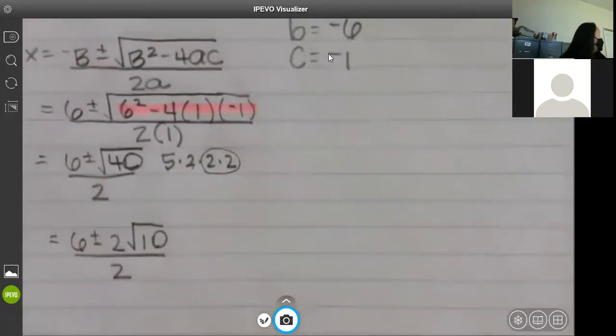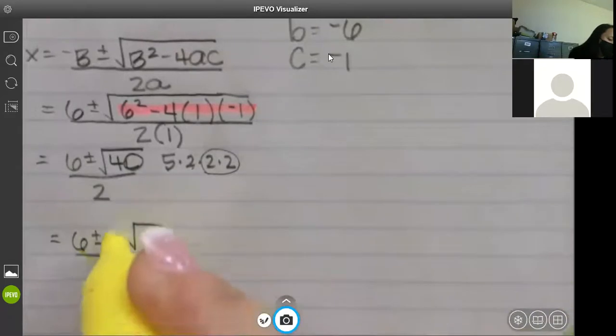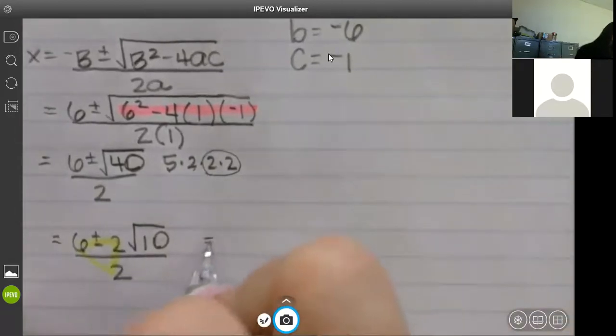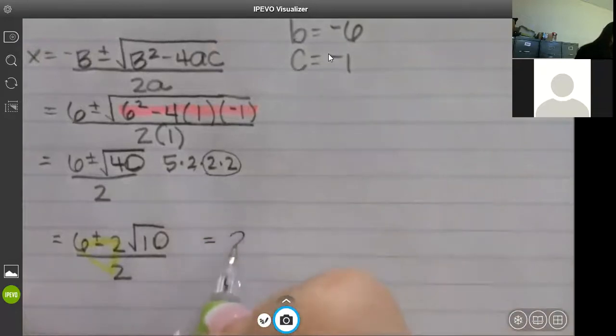Everybody see that breakdown? We're going to do this a bunch. So don't, stuff that you've already done. The very last step is your triangle of numbers. That square root does not change. Do not touch it. But 6, 2, and 2 are all divisible by what? 2, right? So what's 6 divided by 2? 3.